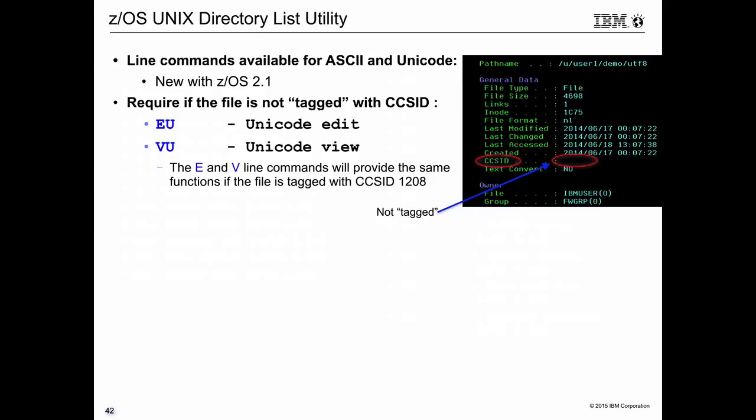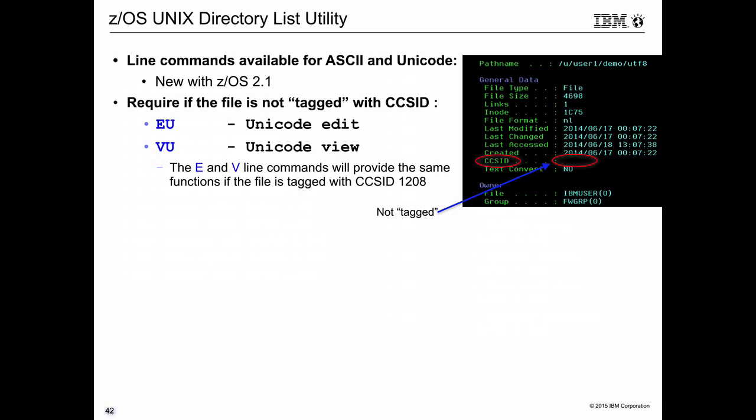We'll view it as Unicode or not. But if it's not tagged, and in the case of the example you see here, this is a file that hasn't been tagged, ISPF doesn't know the difference. So if you try to view it without the character set ID there, what you would see would be garbage. So if you instead type VU because you know it's Unicode, then we will actually do Unicode processing when we open the file. So that's all well and good.